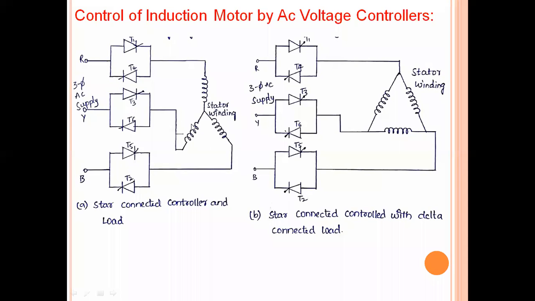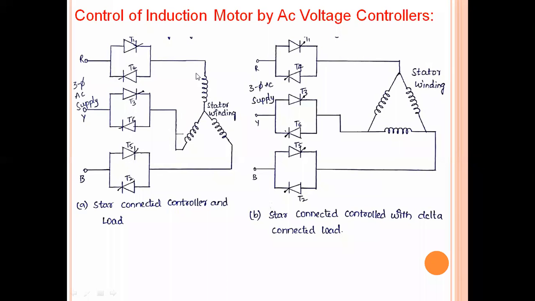The stator winding, you can see here, is a star-connected winding. In three phase we have two different types of connections, star connection as well as delta connection. So this first figure shows the star-connected winding along with a star-connected AC voltage controller.